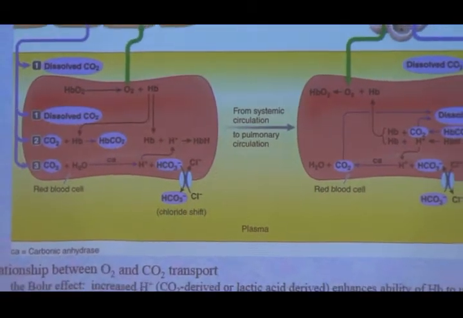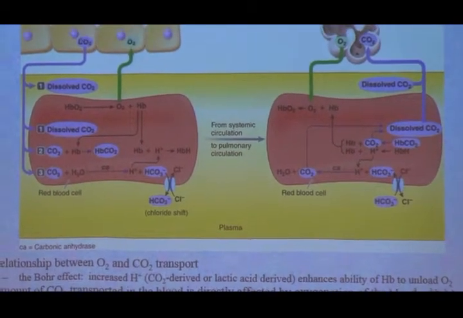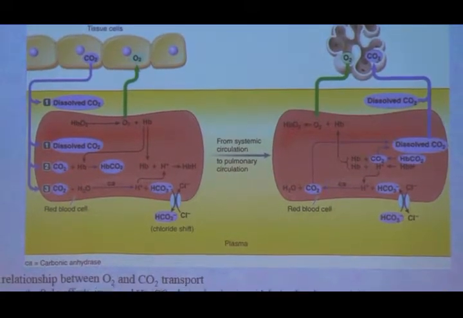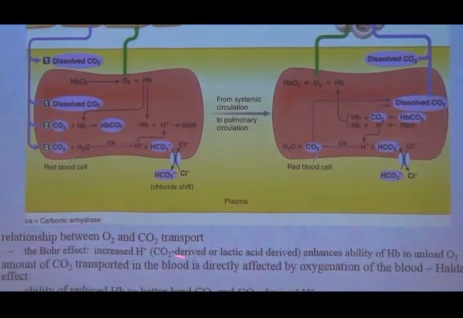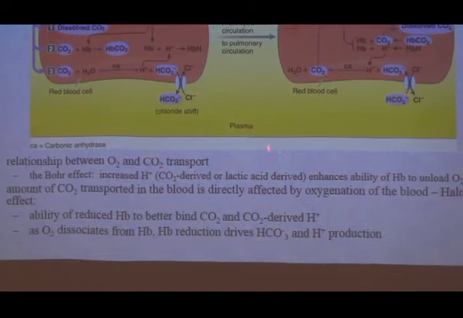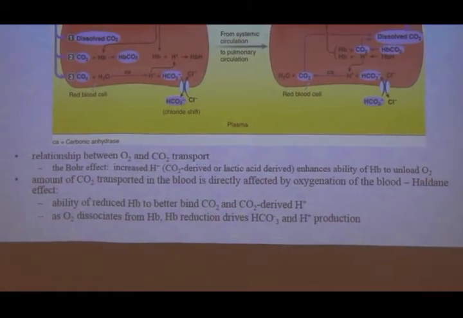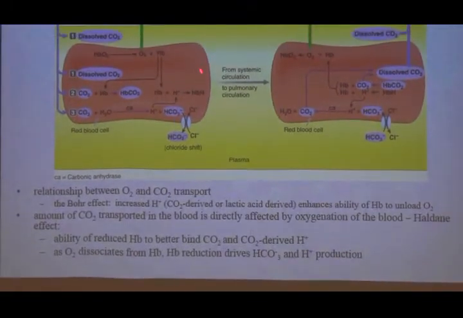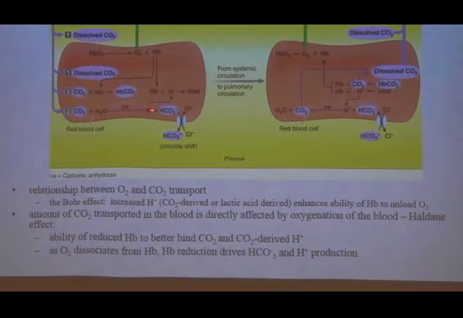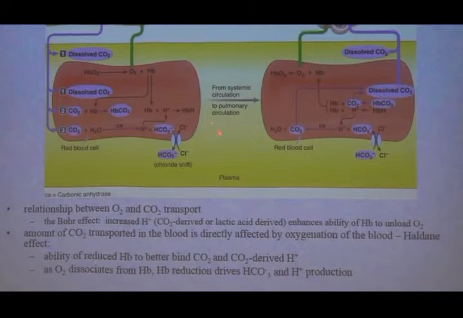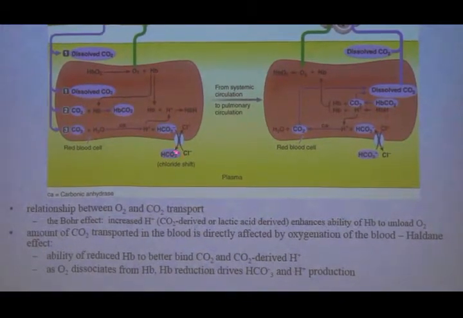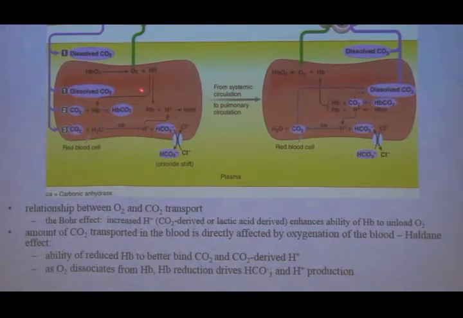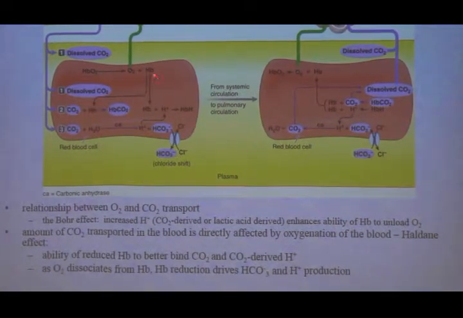Now there's a couple of points that are important to point out, again related to the relationship between O2 and CO2 transport. The first thing is that as blood passes through the tissues, the hydrogen ions produced by the transport of CO2 and its conversion to bicarb favor the dissociation of oxygen from hemoglobin.